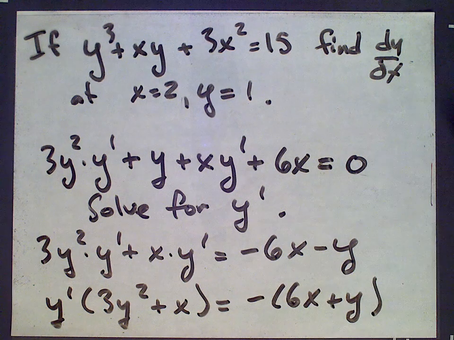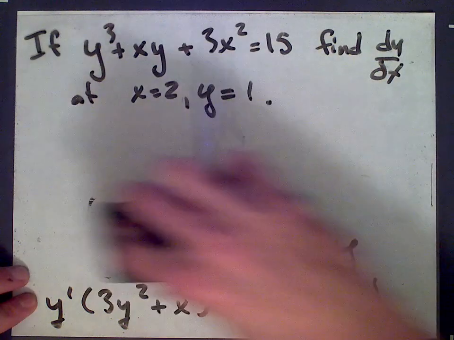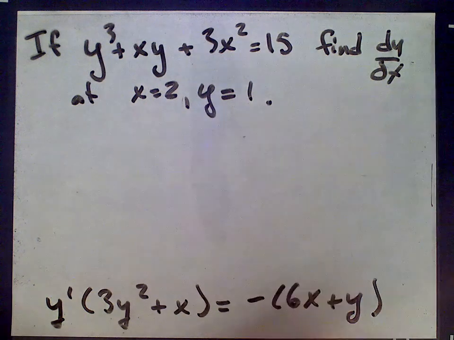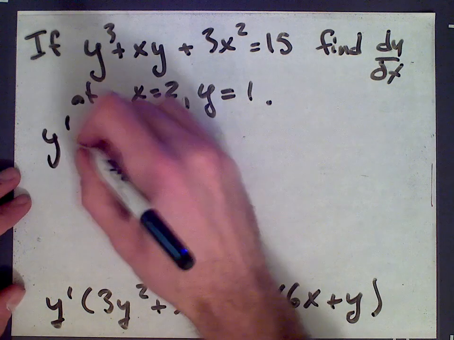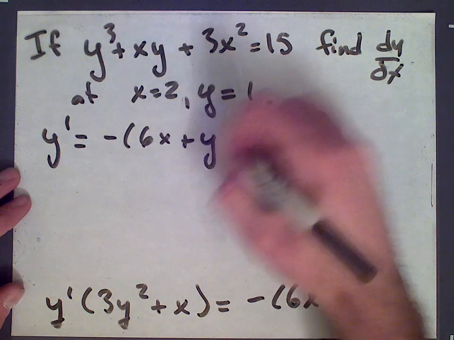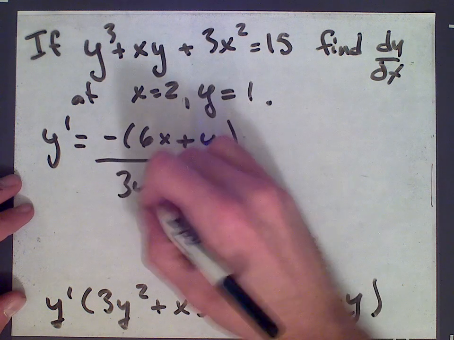Now we divide both sides by 3y squared plus x, and we have a formula for y prime at a given point: y prime equals negative (6x plus y) divided by (3y squared plus x).